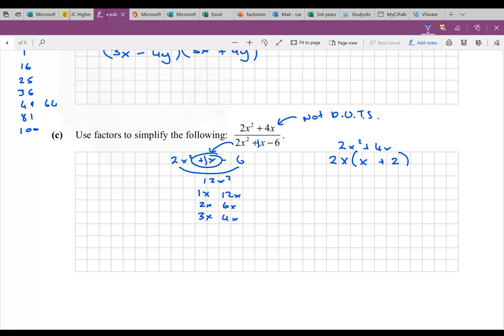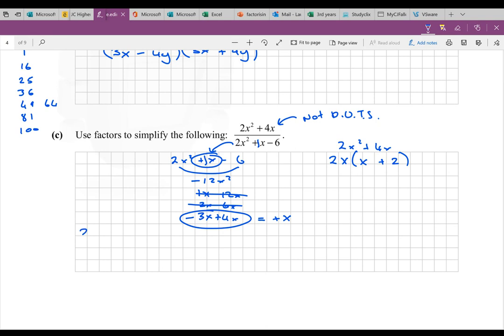So 2 and 6 won't get me 1. 1 and 12 won't add up to get me 1. So the only thing I'm left with is 3 and 4. Now remember, it was 2 times minus 6, so I should have put minus 12 here. I want a plus 1, so plus 4 minus 3 will give me plus x. And when I multiply minus 3 times 4, I get minus 12.